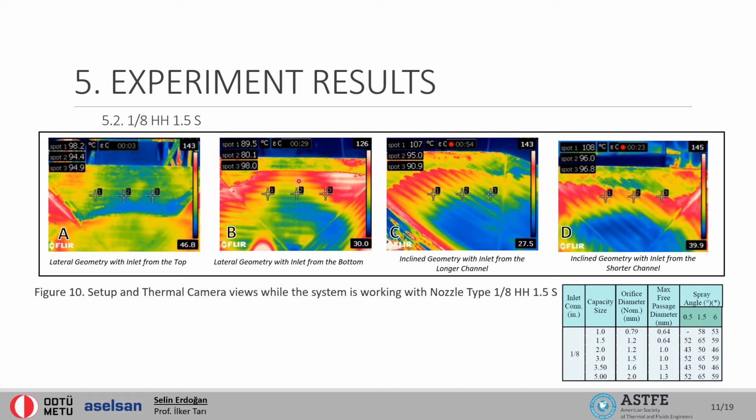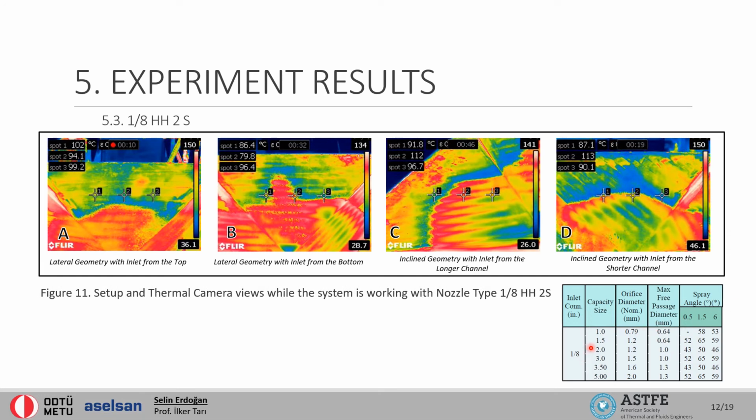Because the flow rate is greater than the previous nozzle case, the average temperature of heated surfaces is lower in this case. Inclined geometries again show non-uniform temperature distribution characteristics with insufficient temperature value at the bottom of the reverse pyramid, where all the unevaporated fluid flows with gravitation.